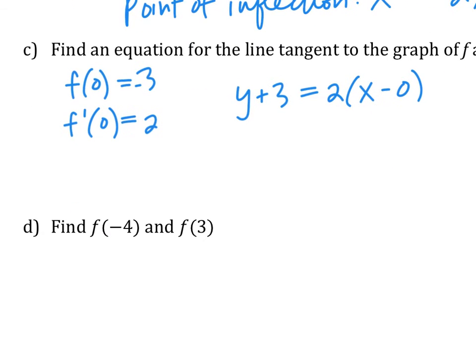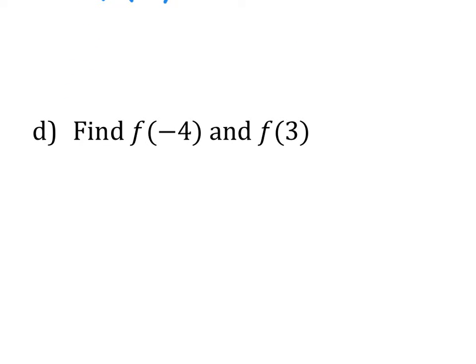Next, find f of -4 and f of 3. F of -4: when they give you an actual number at 0, you can do something like this. The integral from 0 to -4 of f prime of x is going to equal f of -4 minus f of 0.